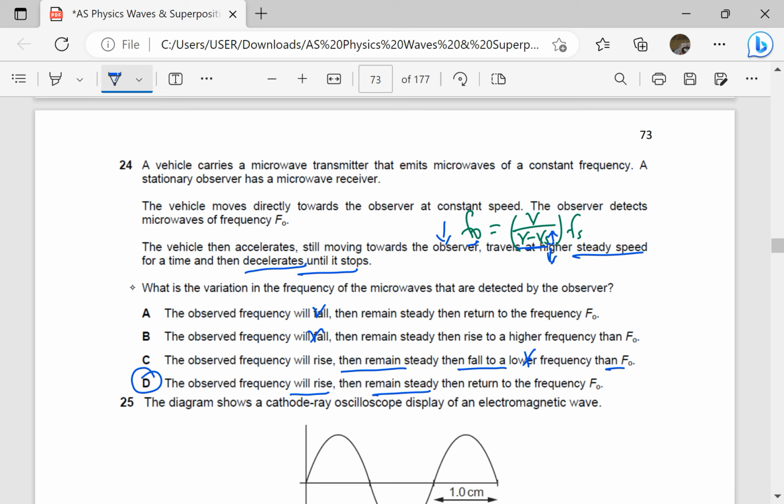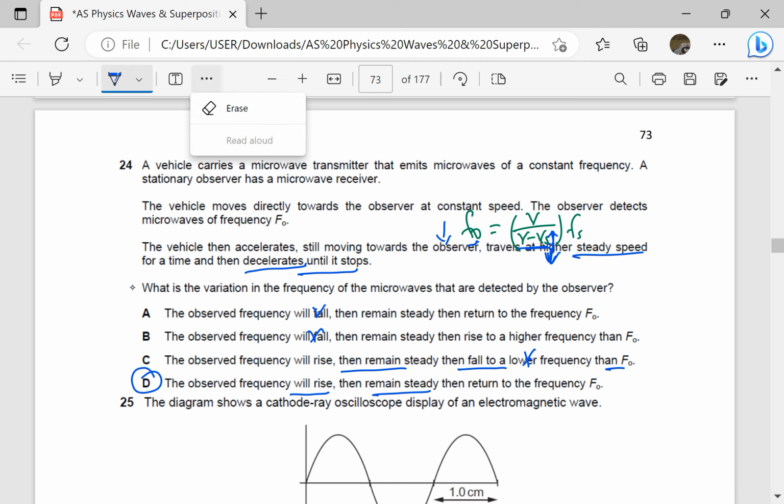The observed frequency will rise, then remain steady, and then fall to a lower frequency than f0. Okay, since this decreases to 0, it is going to be lower, because it started with a certain frequency when it was moving, where we had v over (v minus vs). So this is going to be a lower frequency than f0.